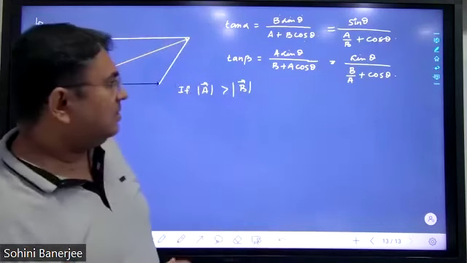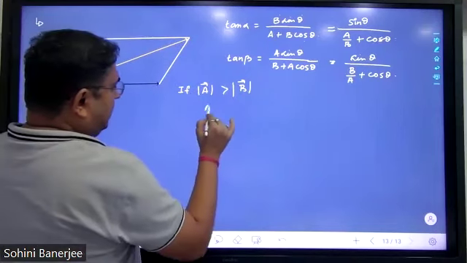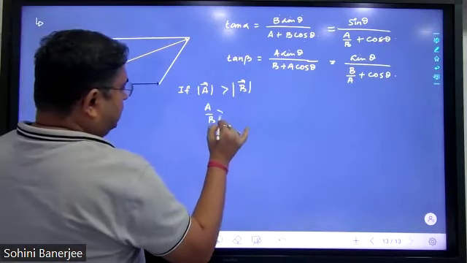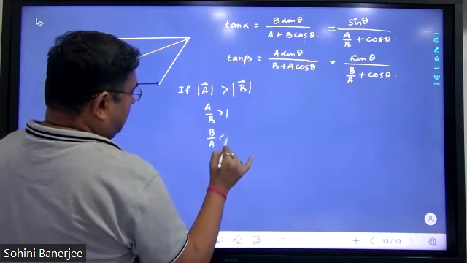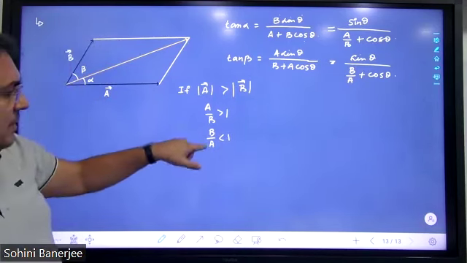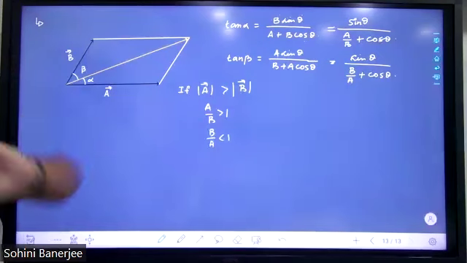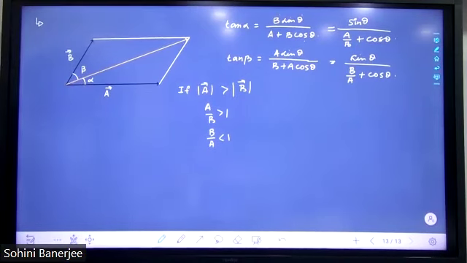Okay. So I've given you this condition, A has greater magnitude than B. That means A by B is greater than 1 and B by A is less than 1. Okay?